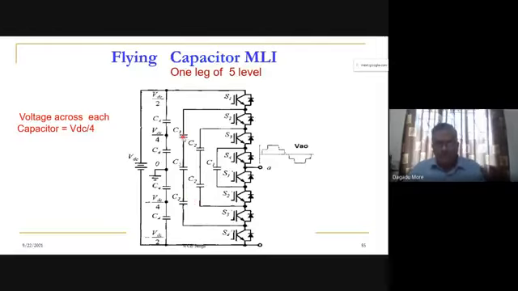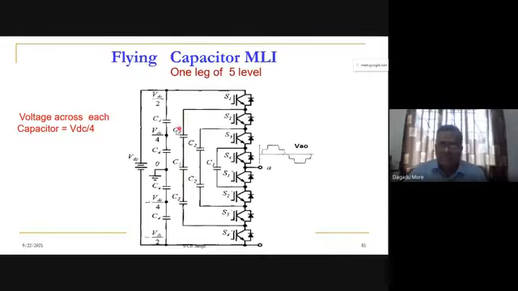If you see here, we are connecting the capacitors such that in this circuit configuration, we can say that the voltage across each capacitor is VDC by 4. Is it right? So here we connected two capacitors in series, named C2, because the voltage appearing may be VDC by 2. Is it right? And here we connect the three capacitors.